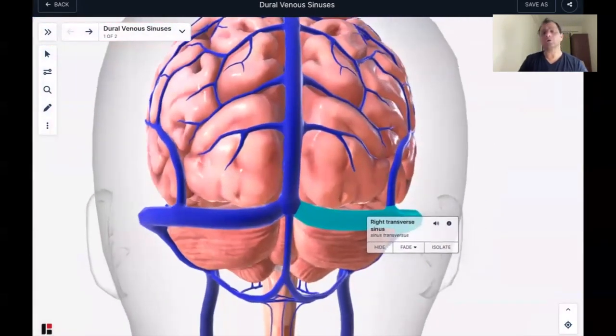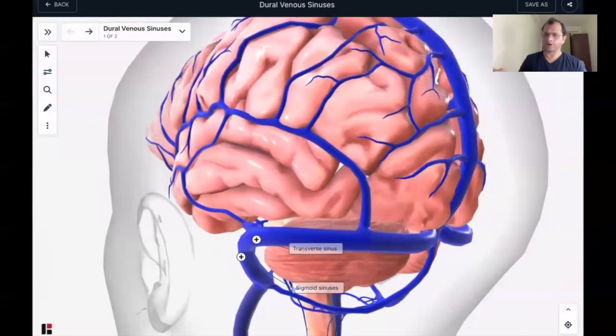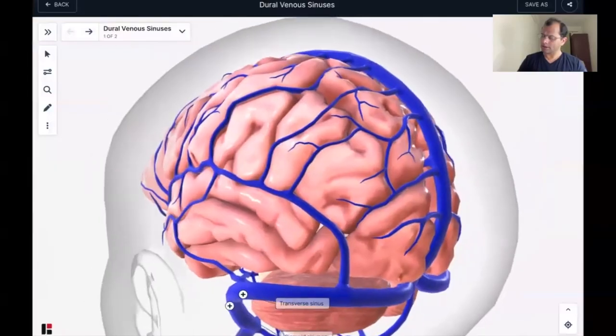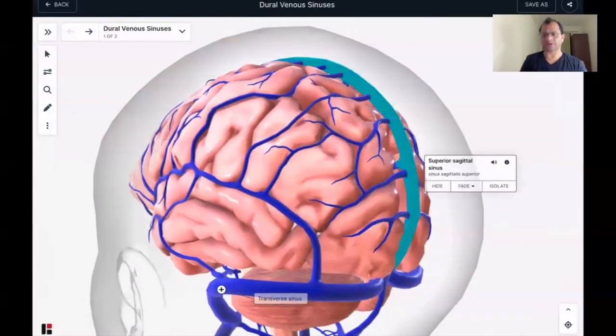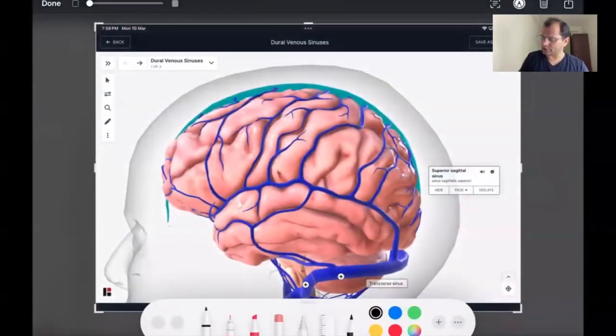So now what you have to do, you have to make one image right now. In that image, you have to make the superior sagittal sinus. Then you have to make one inferior sagittal sinus like this and make the meeting point, that is the meeting point of sinus.